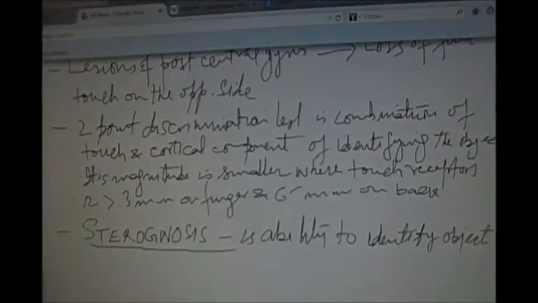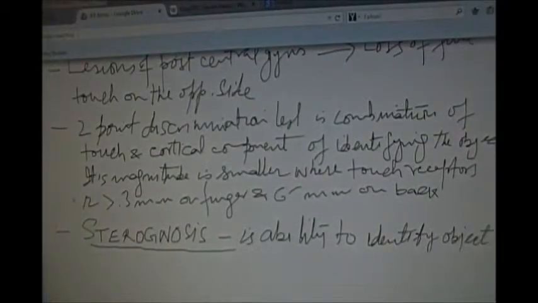What is two-point discrimination? The two-point discrimination test is the combination of touch and the cortical component of identifying the objects. It depends on the number of touch receptors.